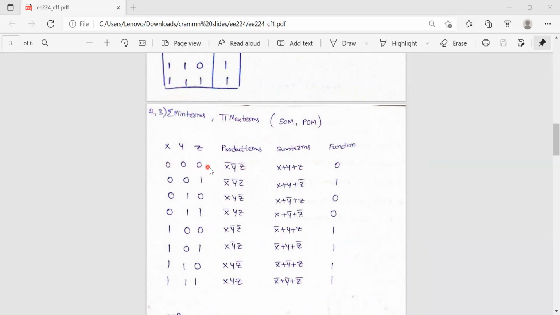We take the complement for those with 0, and we take as it is for ones. These are the product terms. The sum term is x plus y plus z, because here it is 0. Where 1 is there, we will take bar for those. These are the sum terms. This is the function value.